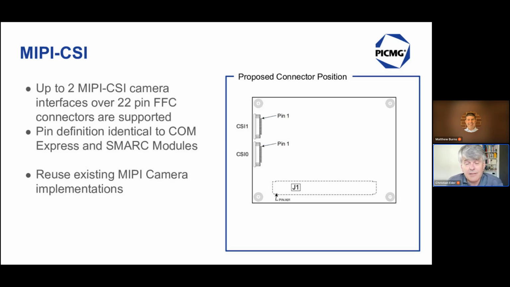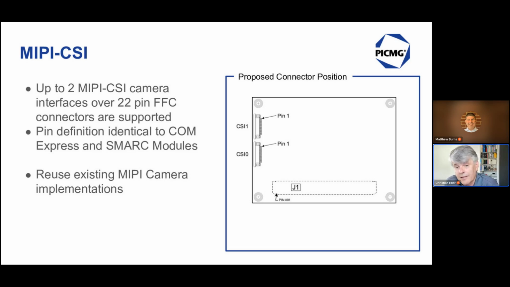MIPI CSI, the camera interface, is becoming more and more important on all platforms. COM-HPC is not defined to be x86 only. It can also be ARM, can be FPGA, can be whatever you might think about. And MIPI is an important interface. Just like we have done on SMARC and on COM-Express, there's a flat foil connector and the placement is proposed in the specification.